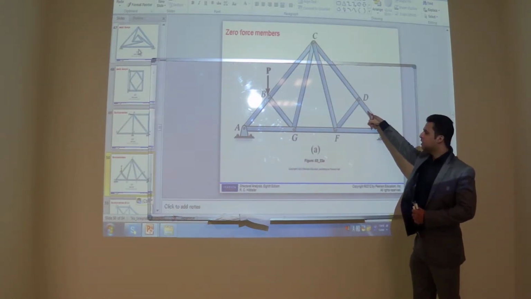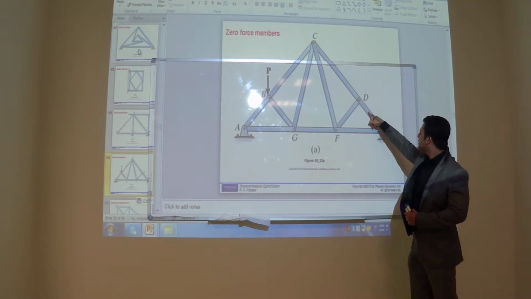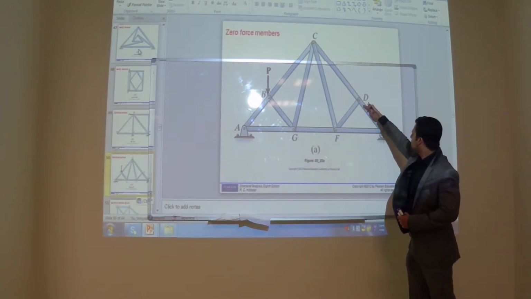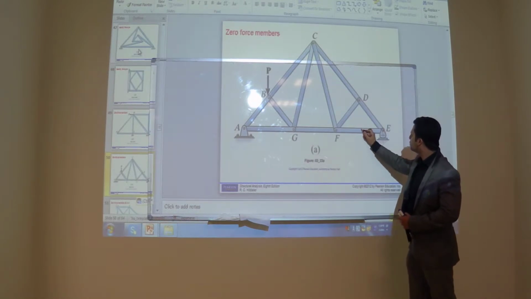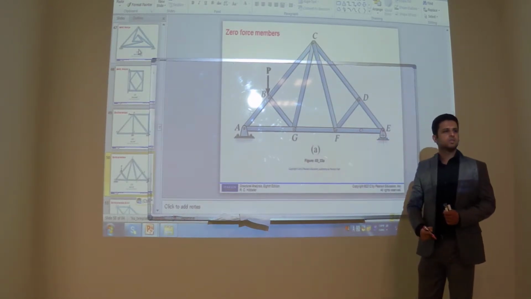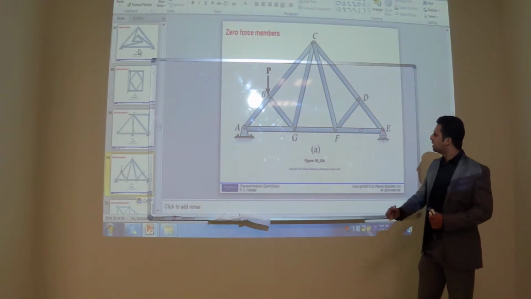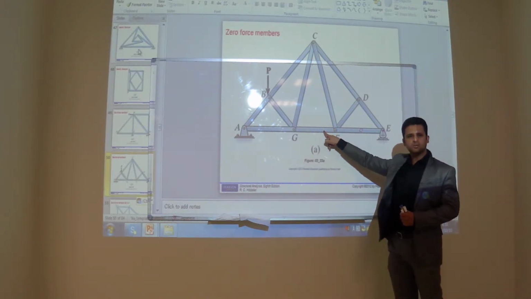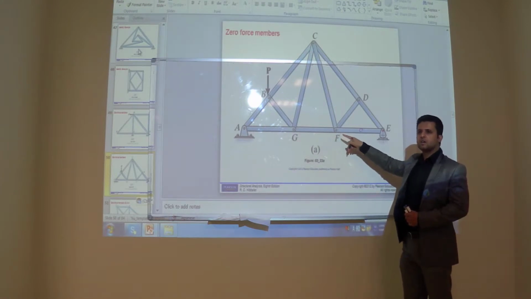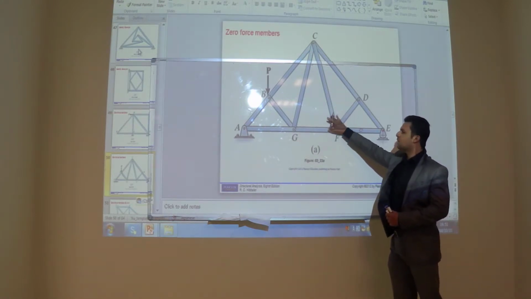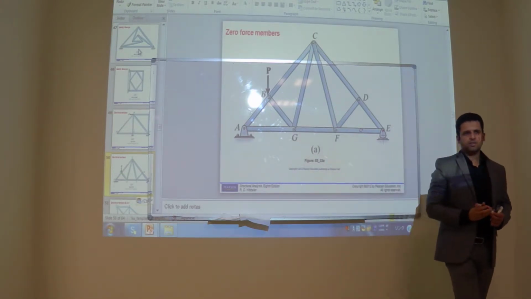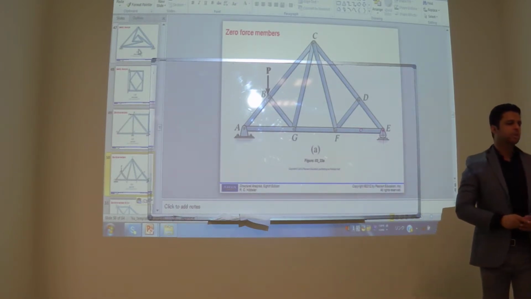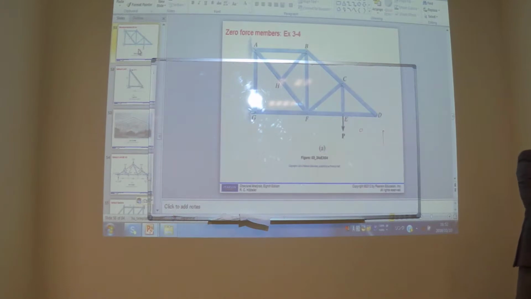If this force is not zero, then the horizontal component of this force will be equal to this force. Do you understand? So if this force is not zero, this force will also not be zero, because that is the sum of the horizontal components. So of course there will be some value of these forces. So I can tell that these will not be zero force members.